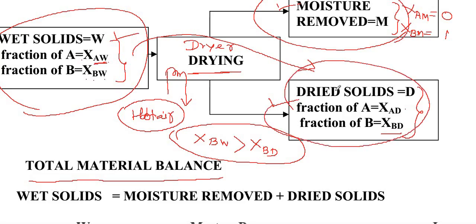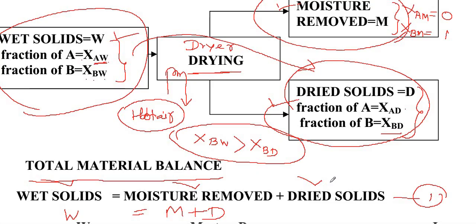Therefore you get the first material balance equation: wet solid is equal to moisture removed plus dried solid. That is W is equal to M plus D. This is our first material balance equation, the total material balance equation.